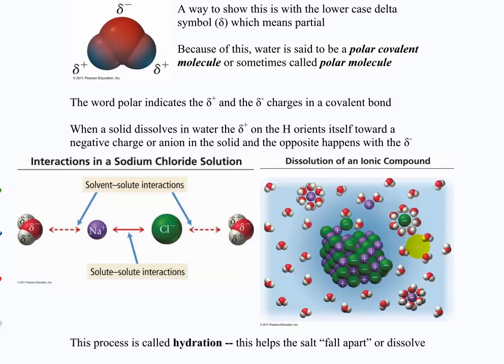So what's actually happening when you dissolve something in water is the molecules are deciding, and that gives them a little bit of a weird consciousness, but let's say deciding that they would rather interact with water molecules than with others of themselves.